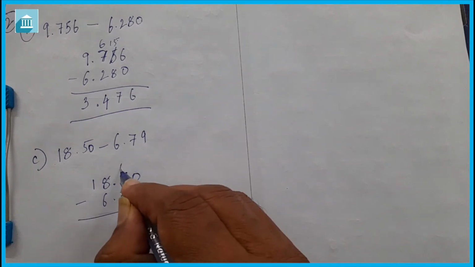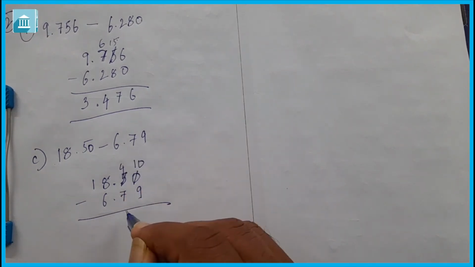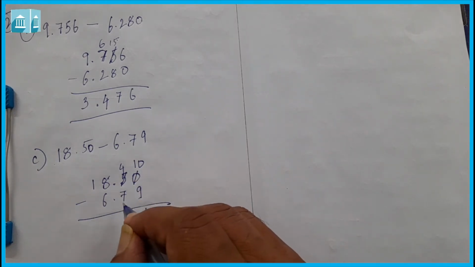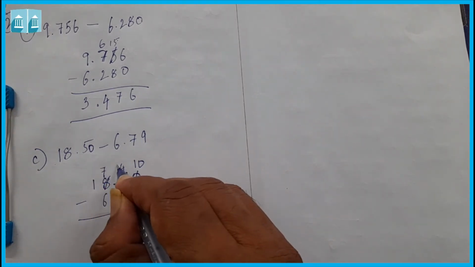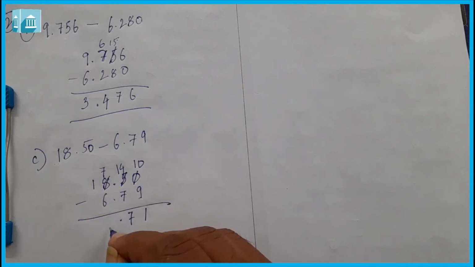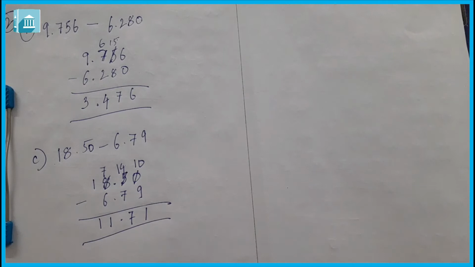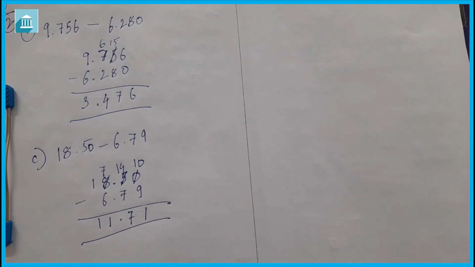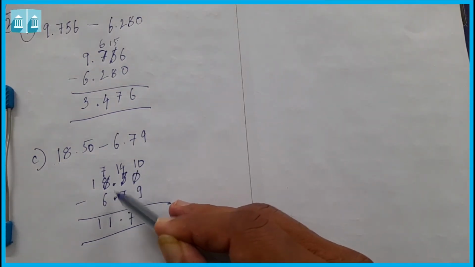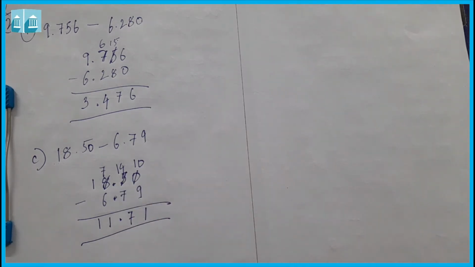Here it will be 4, 10. 10 minus 9 is 1. 4 minus 7 is again not possible. Here 7 and it will be 14. So 14 minus 7 is 7. Then 7 minus 6 is 1. So the answer is 11.71. As we did in addition, we need to keep the decimal points in the same line.